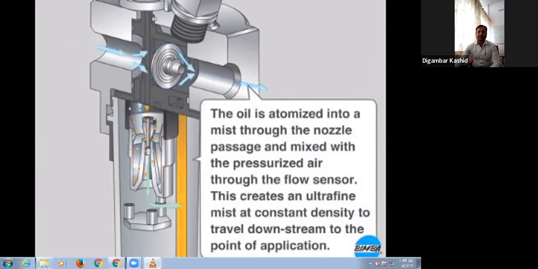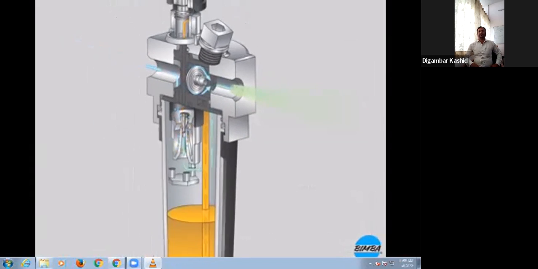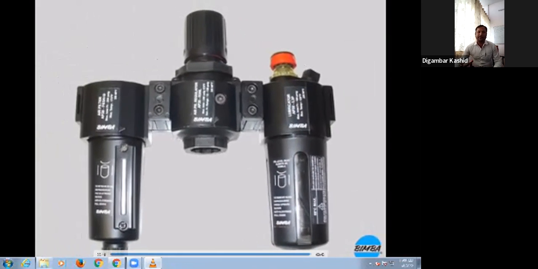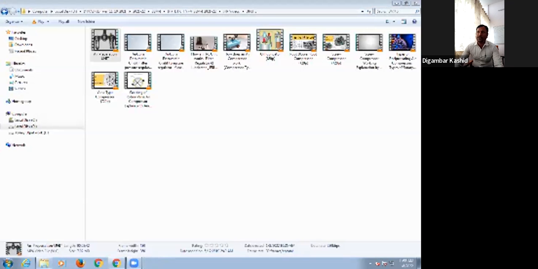Actually, the oil is sucked to the upper side, and then the droplets are added into that air. This is a combined FRL unit. One more video I will show. Wait.